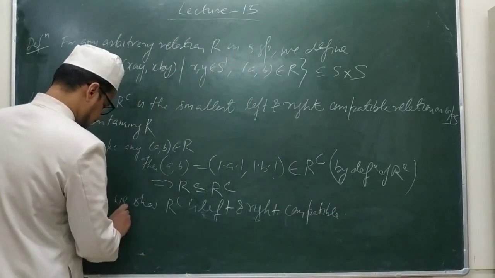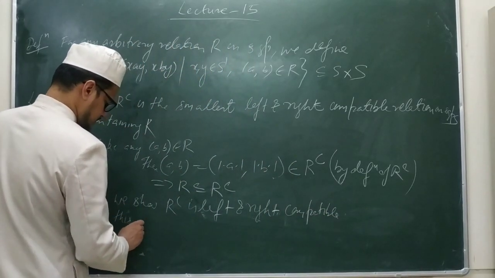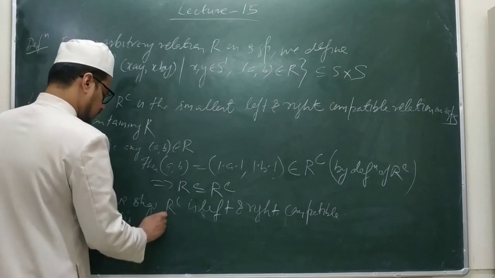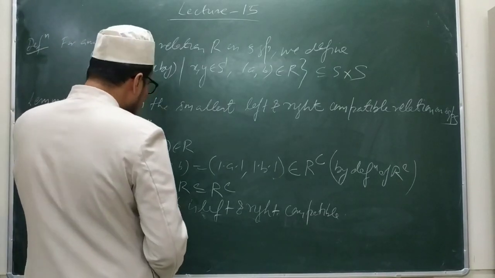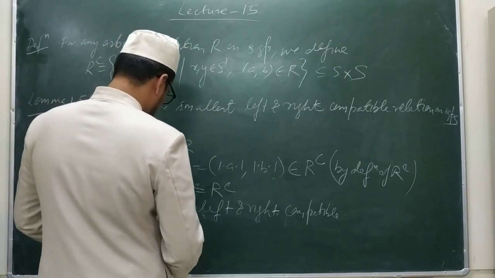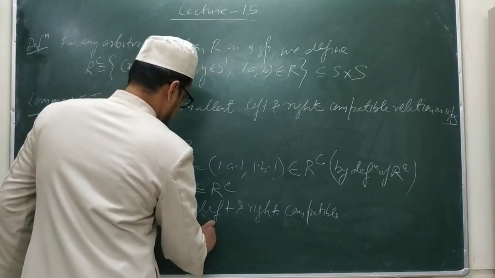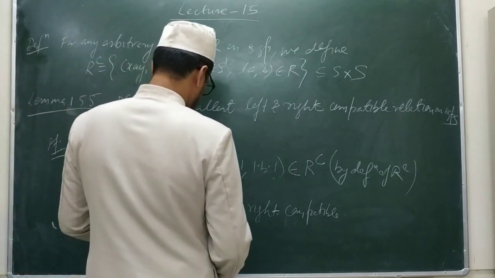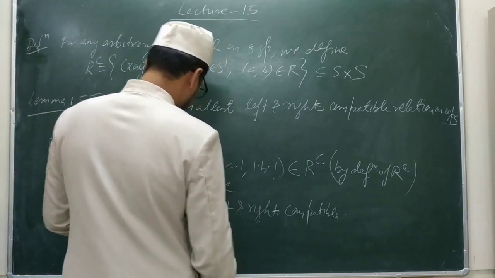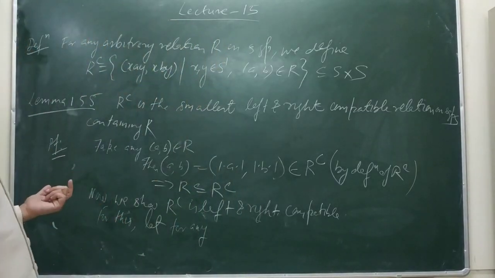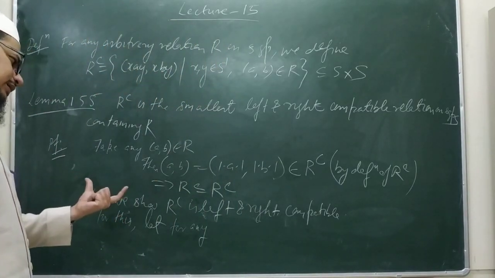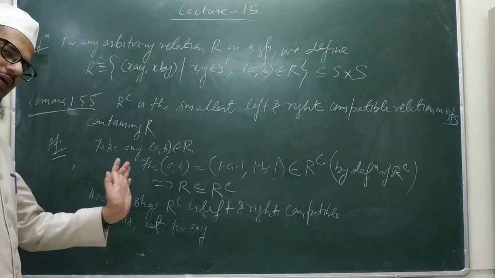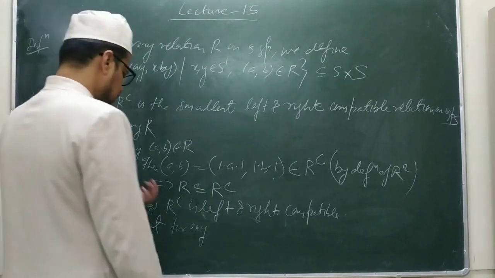For this, basically you have to prove R^C is left compatible. So you take a pair in R^C and multiply on the left side to show compatibility. What we have to do, think about that.